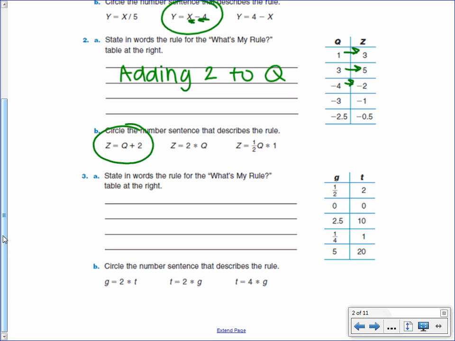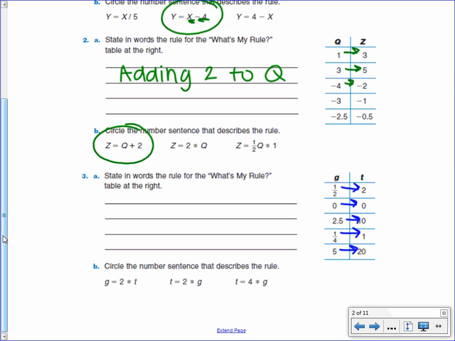Okay, this one's a little bit trickier. What are they doing every single time? I think they'll be dividing. Look at all of them. Don't just look at the first 2. Look at all of the G's and the T's. What are they doing every single time, Olivia?